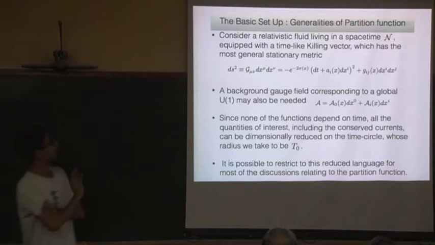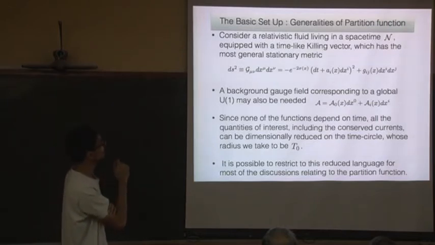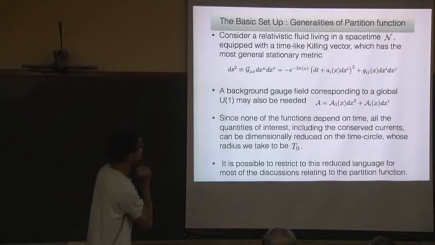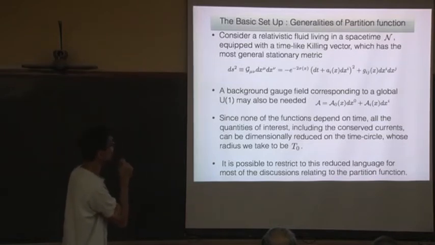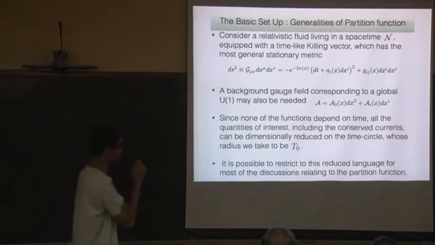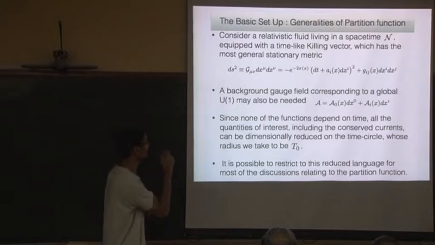So I'm considering a relativistic fluid living in a space-time which is this curly N, and if you pick a time-like Killing vector, you have the most general stationary metric like this. There are three functions: sigma, a_i, and g_ij. And I may also need some global charges, for which I will use these curly A's.